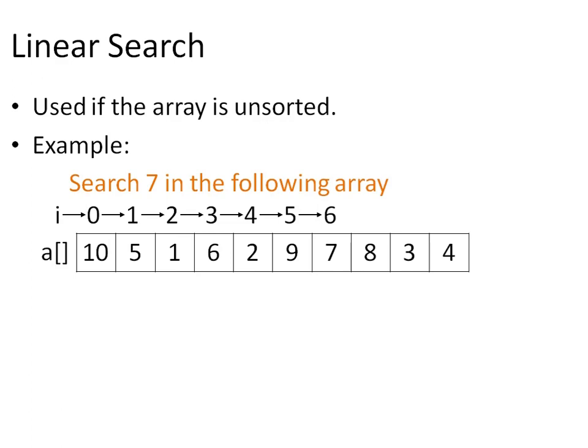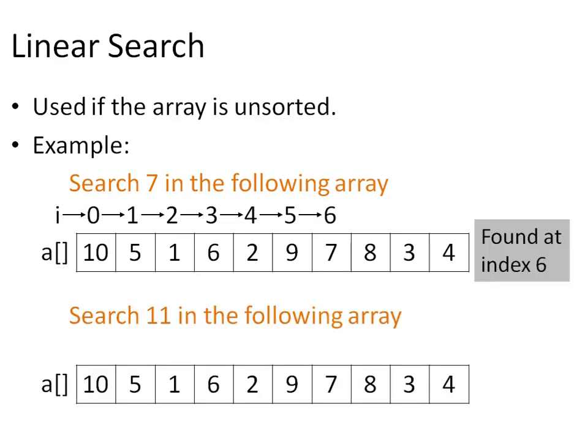Or we can also return A of 6. In that case, 7 will be returned. But when we are talking about arrays, we have to work with the indices. So we will return 6, that is the index at which the element is found.